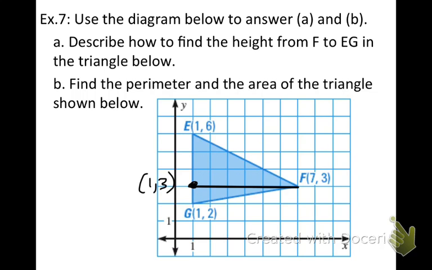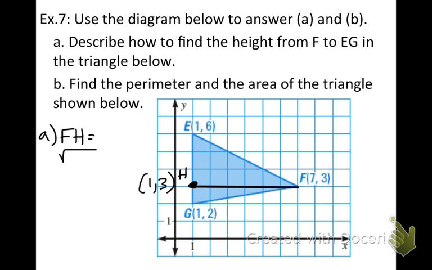We know it's perpendicular because of the grid lines, so for part A, we can find the height by finding, if we call this point H here, the distance of FH.